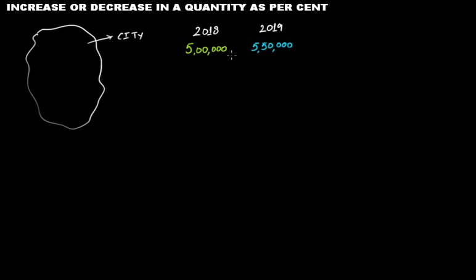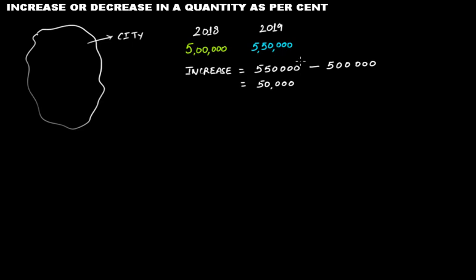Clearly there is an increase, because initially it was 5 lakh, now it is 5 lakh 50,000. So what's the increase? Increase is 5 lakh 50,000 minus 5 lakh, and if you solve it you get 50,000.